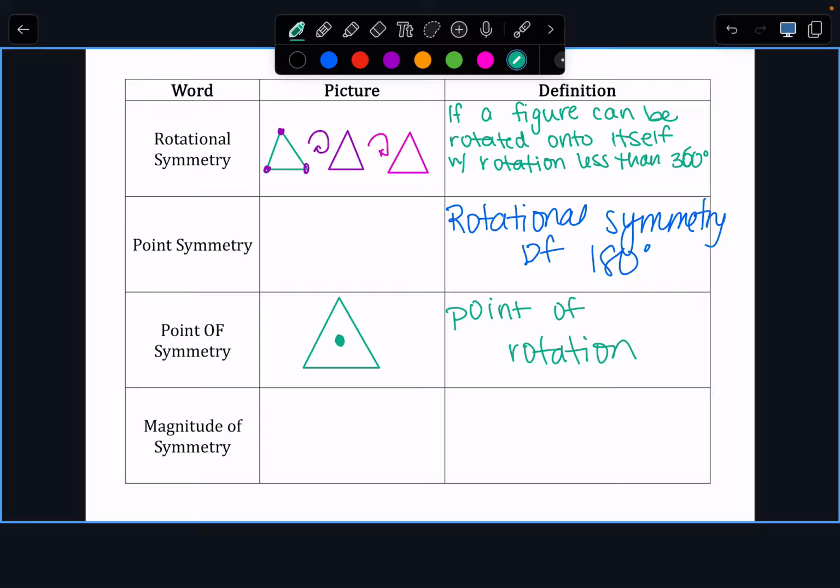Any thoughts on the magnitude? Okay. Our angle of rotation. So, what would the magnitude be of our equilateral triangle? 120 degrees.